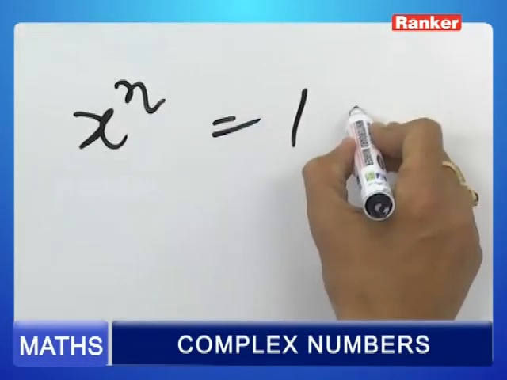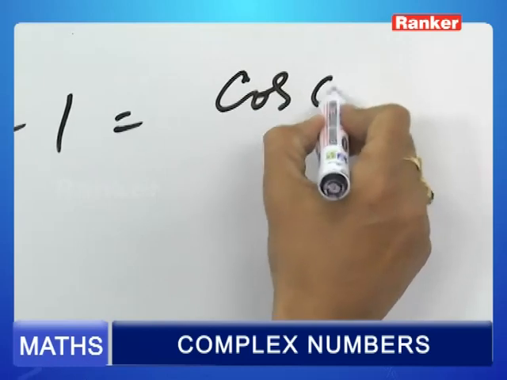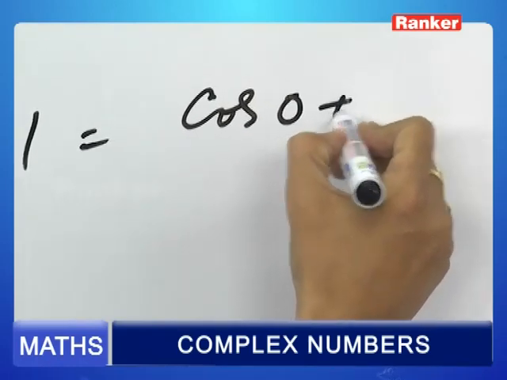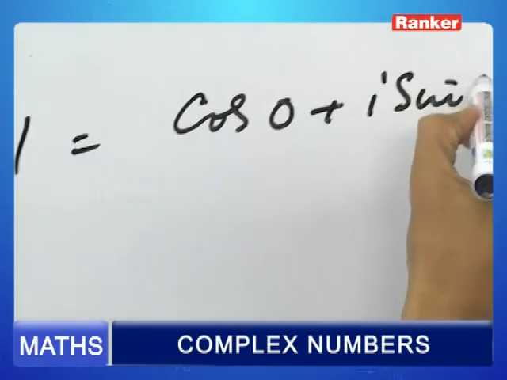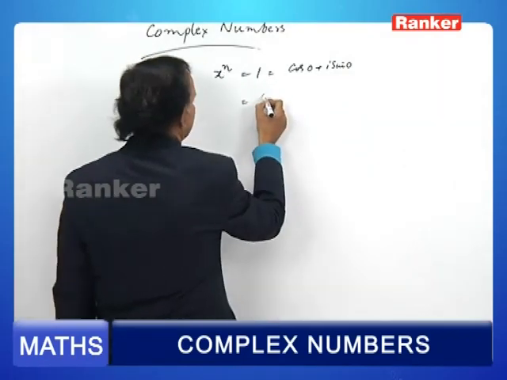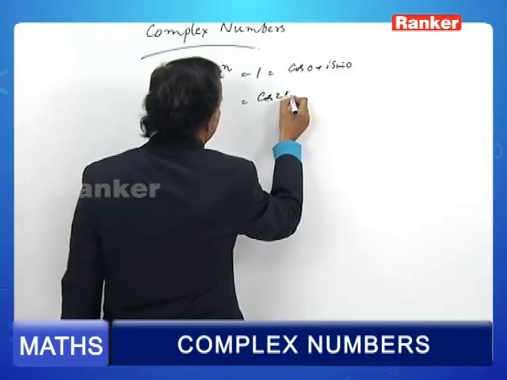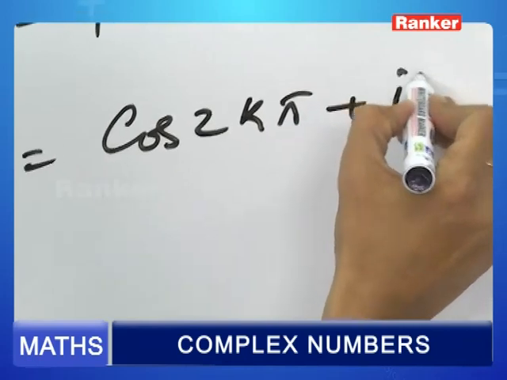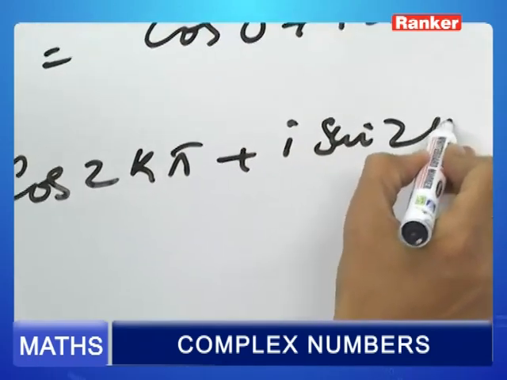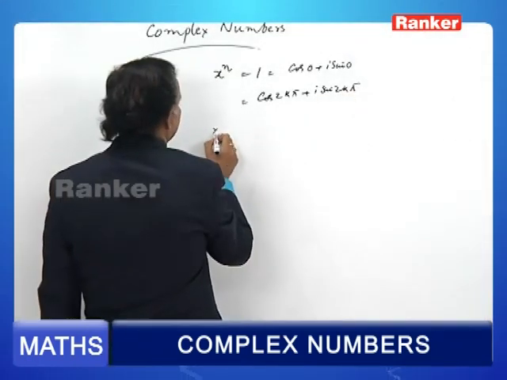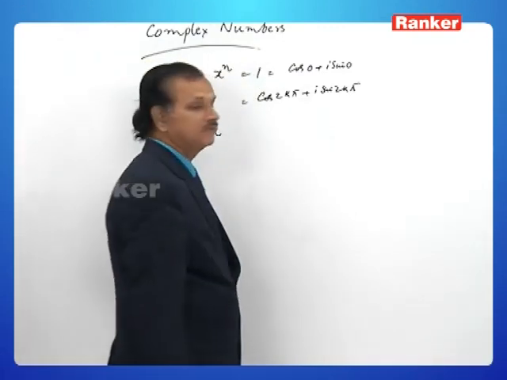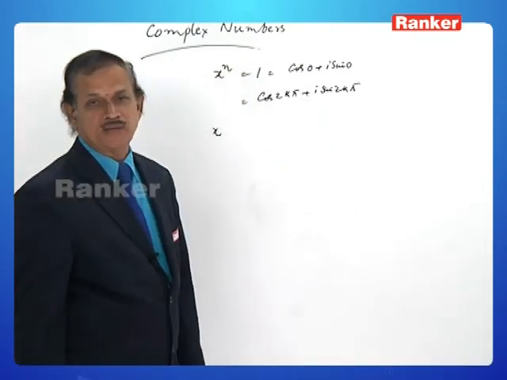And 1 is nothing but cos 0 plus i sin 0. That is nothing but cos 2k pi plus i sin 2k pi.